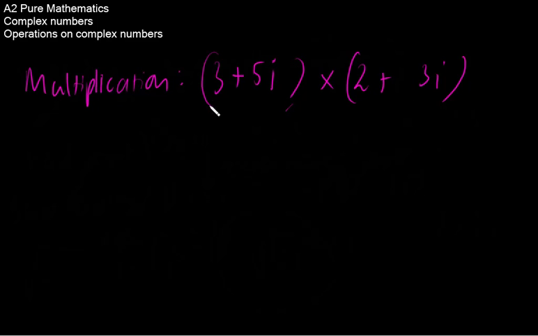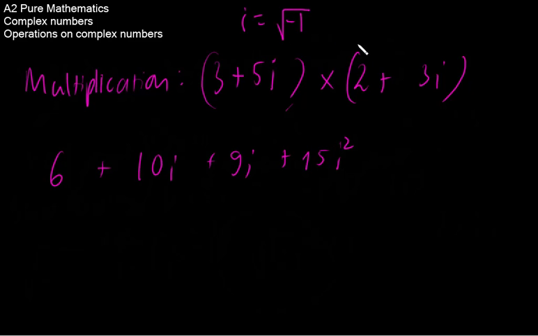If you do that, you just multiply each term. So 3 times 2 gets us 6, plus 5 times 2i is 10i, 3 times 3i is 9i, and 5i times 3i is plus 15i squared. Now you know that i is equal to the root of minus 1, so i squared is equal to minus 1.